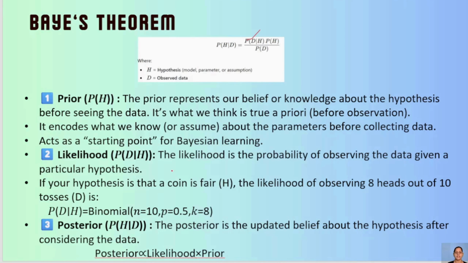Suppose, take one example. If you have a fair coin and that fair coin is flipped, you make an assumption that I am going to get heads 8 times out of my 10 tosses or 10 flips, right? So here, when you're talking about a coin, that is nothing but a hypothesis. That means it's a complete data, right? And when you're talking about D, that is nothing but the number of tosses.